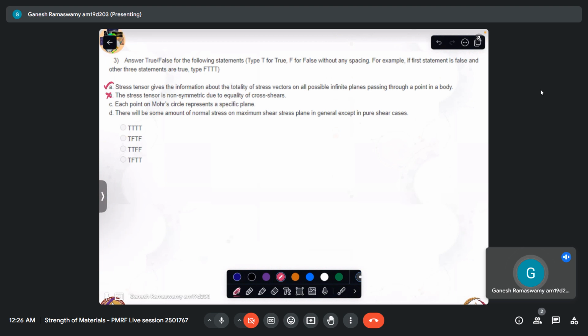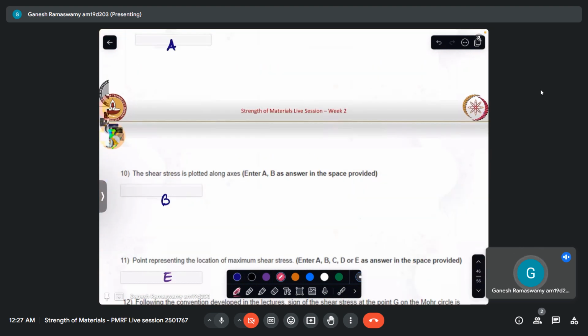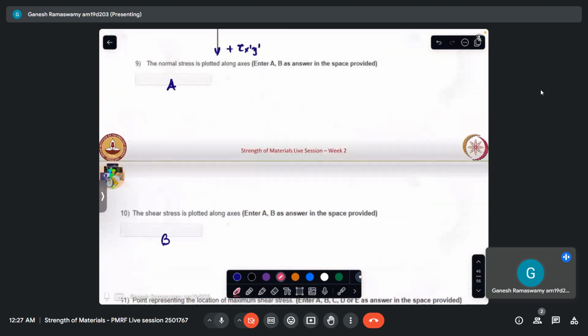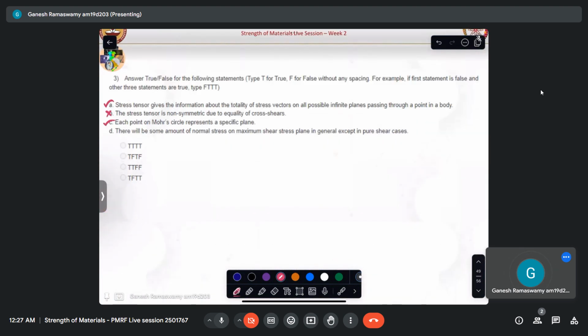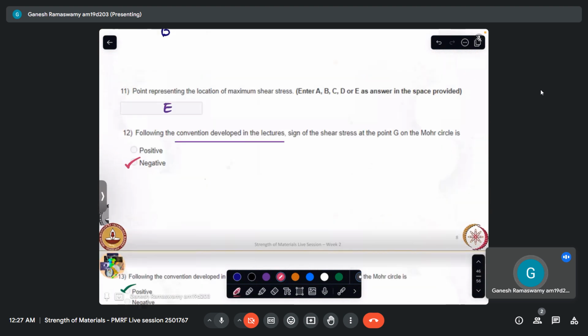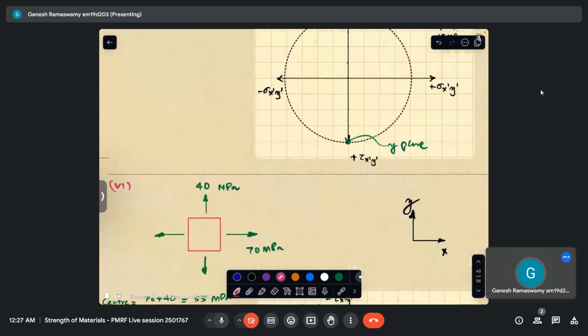It is symmetric. Each point on the Mohr circle represents a specific plane, as we have seen in excruciating detail now by plotting so many Mohr circles, that each point does represent a specific plane. There will be some amount of normal stress on maximum shear stress plane in general, except for the pure shear cases. So do we have any pure shear cases that we discussed?